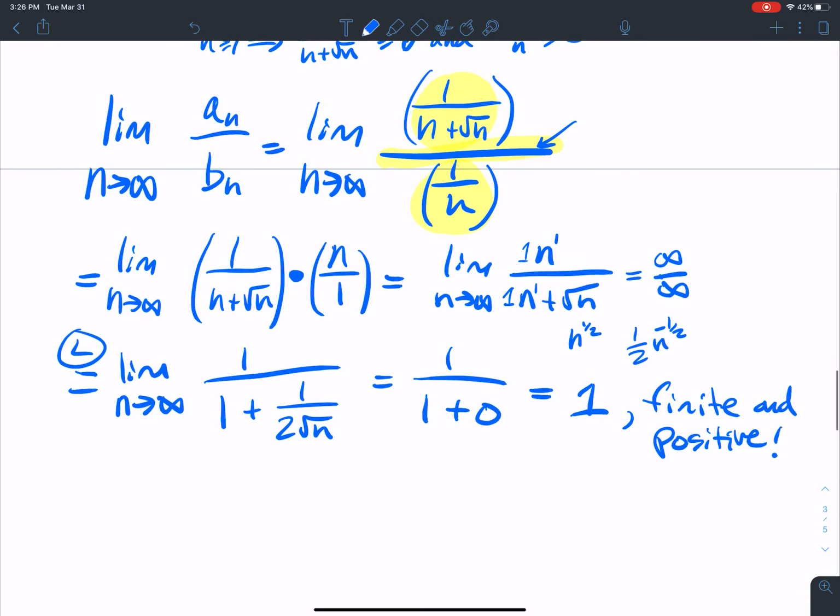So what does that tell me? Therefore, by the limit comparison test, see how quick that is to write?